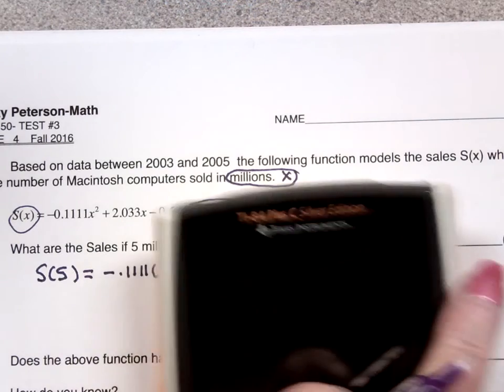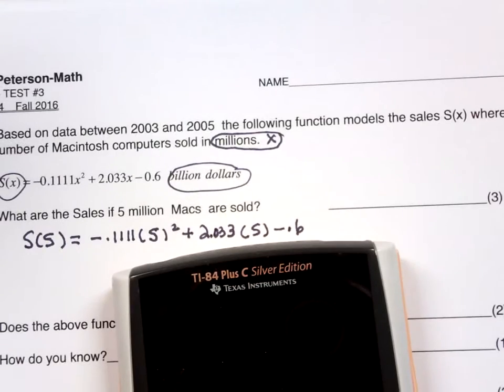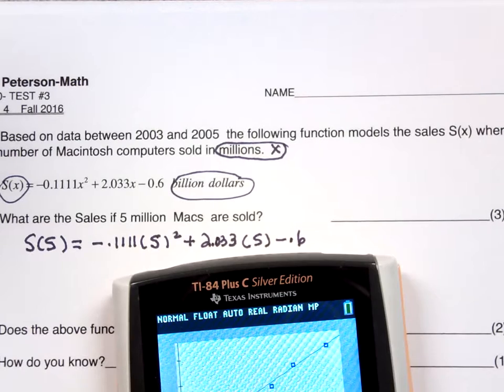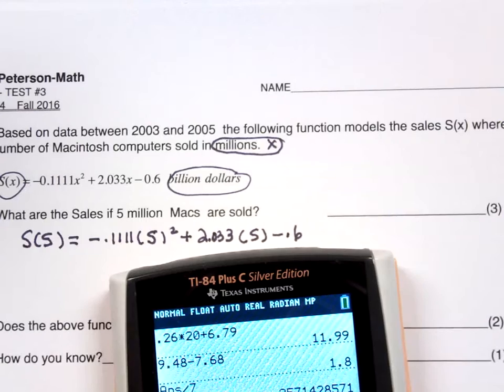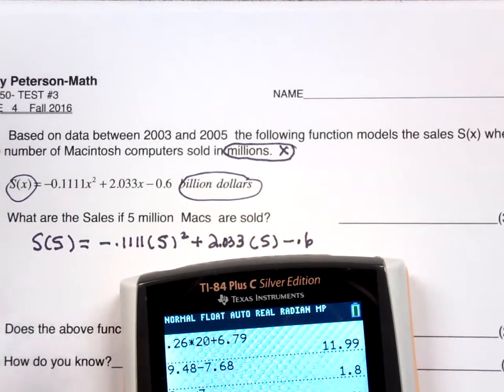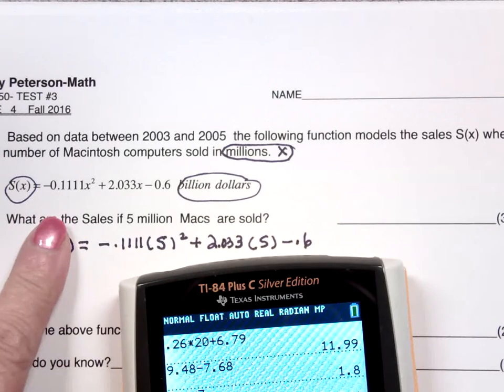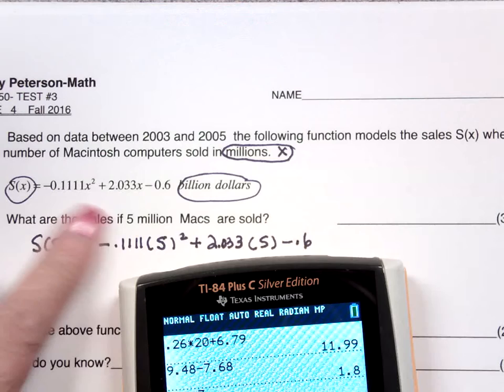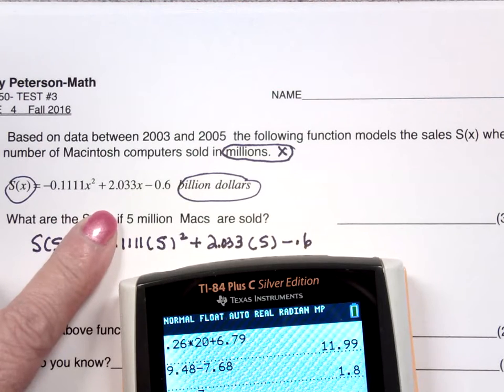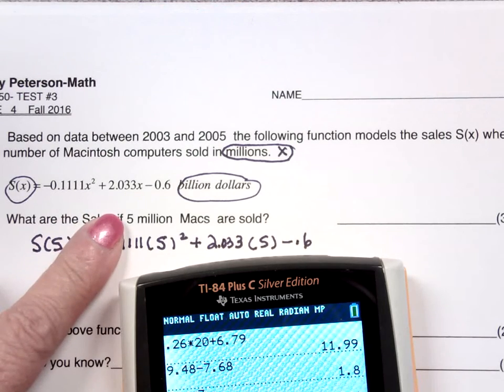So I'm going to take my handy dandy calculator. It's hard anymore, by the way, to avoid problems with the calculator, because I was looking for examples for your test and every single one of them is calculator driven, which is kind of interesting. So negative 0.1234 times 5 squared plus 2.033 times 5 minus 0.6.